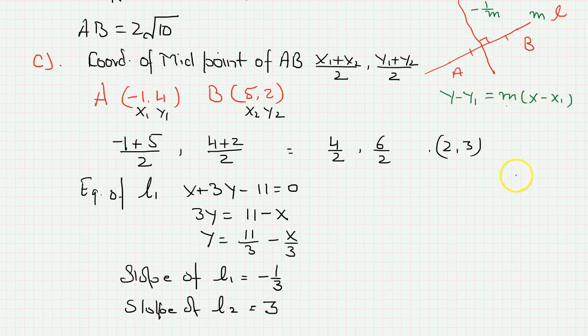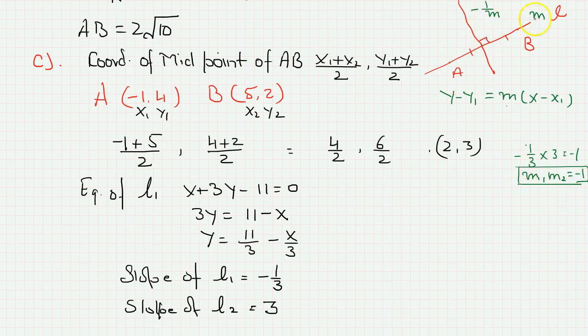To check whether it is correct or not, you multiply minus 1 over 3 multiplied by 3, which is minus 1. You must know that for perpendicular lines, M1 times M2 is always equal to minus 1. The product of their slopes is negative 1. That is how we check the lines are perpendicular.